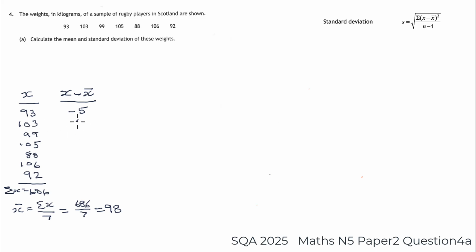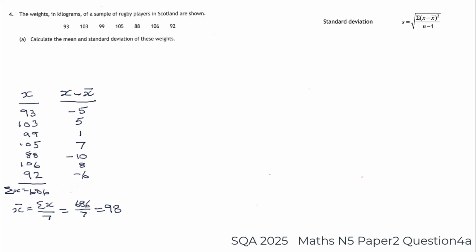That's 5. We've got 99 minus 98. That's 1. 105 minus 98. 7. 88 minus 98. That's negative 10. 106 minus 98. That's 8. And 92 minus 98. That's negative 6.